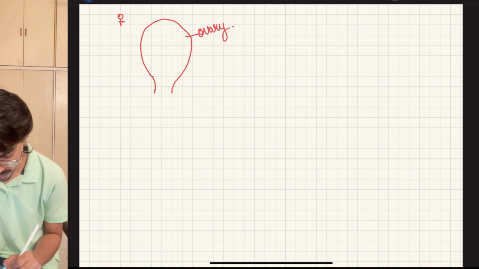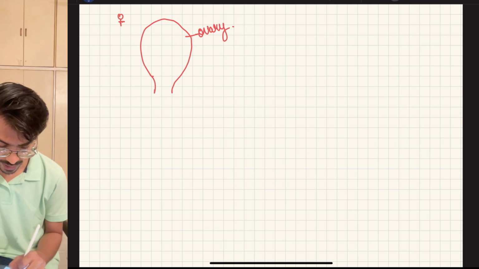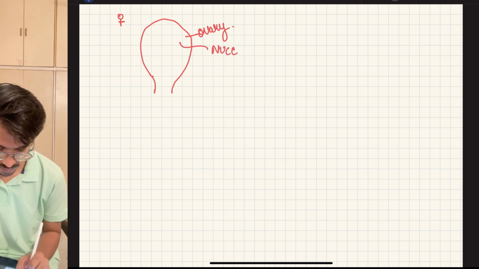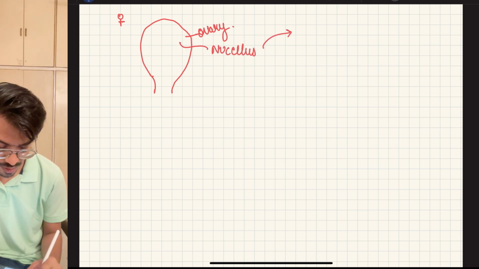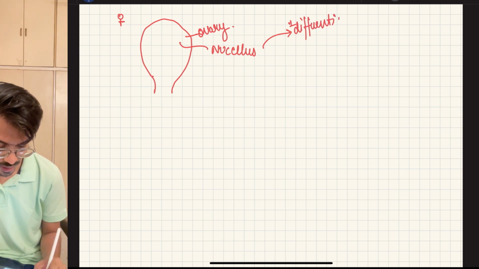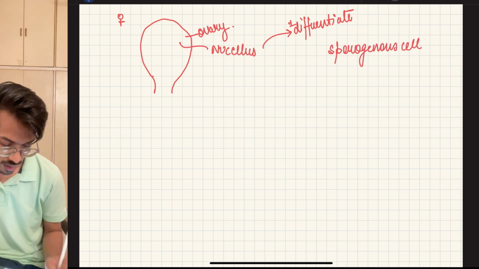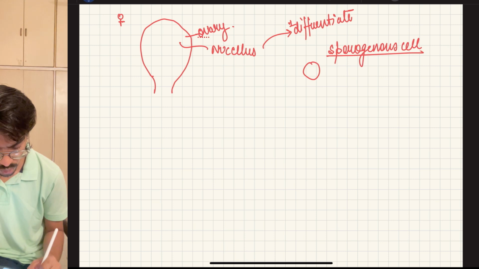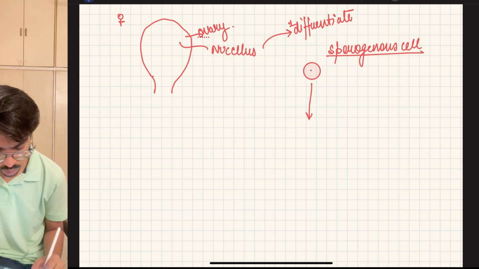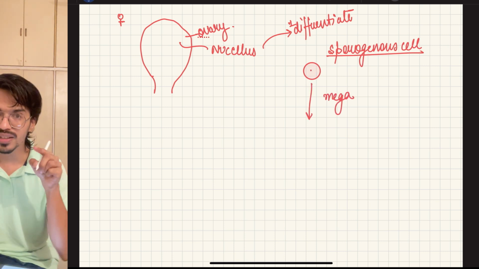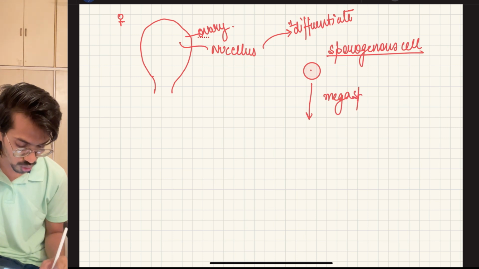Inside ovary there will be a cell present called the nucellus. One cell in it differentiates and forms the sporogenous cell. This sporogenous cell will undergo, for the female, megasporogenesis.